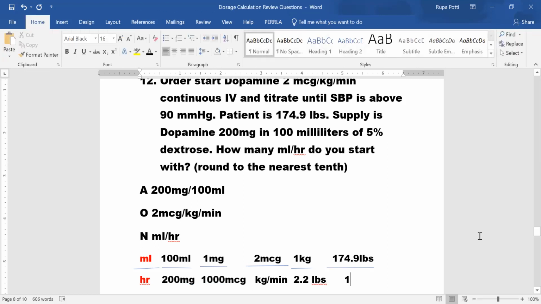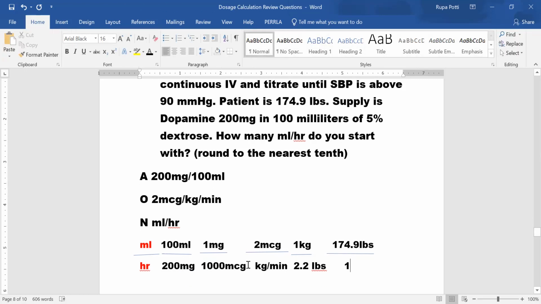And so on my denominator, I'm just going to use 1 as a placeholder because it doesn't change any value. So I need to set my pump in hours, but I have minutes. So now I am also going to use the next step as my conversion factor, right?